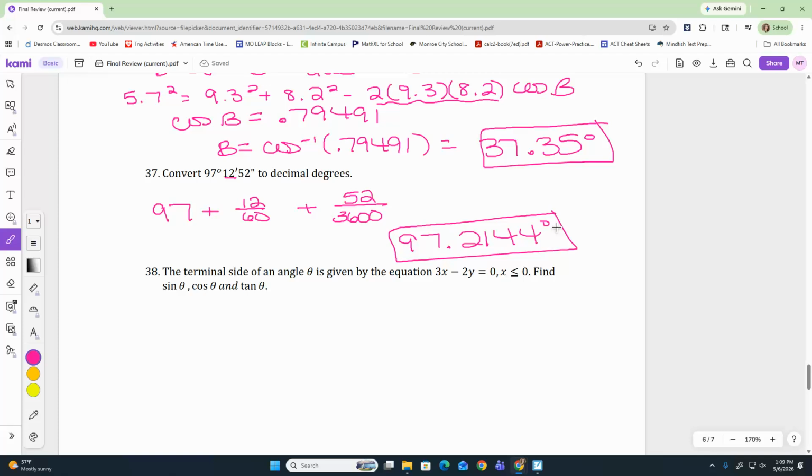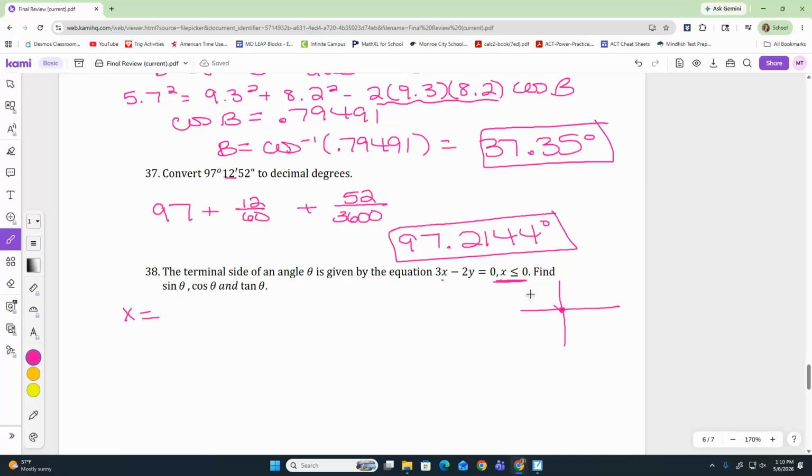All right. And 38. This is back from the first chapter when we had x, y, and r definitions. Now, whether or not you think about that is up to you. You can do x, y, and r. We could also set up a triangle. But what we have to do is find points that work. I know that x has to be less than or equal to 0. x equals 0 is just the center, so that's not helpful.